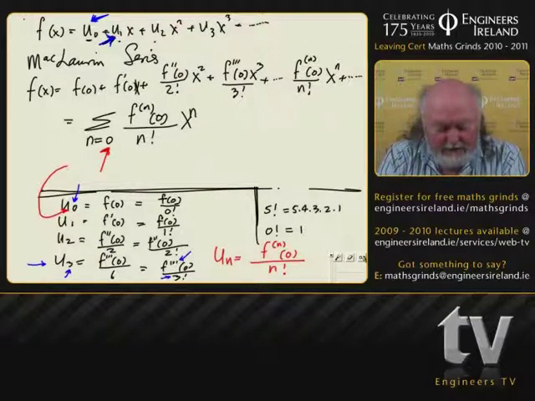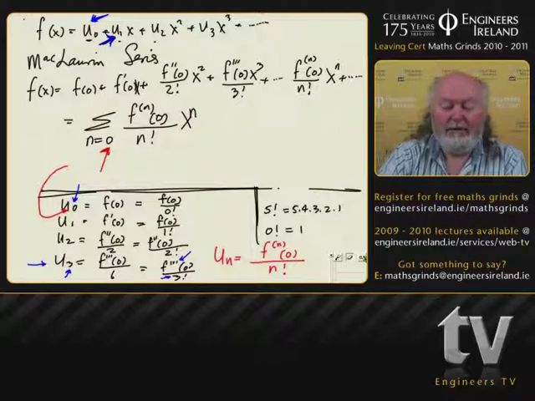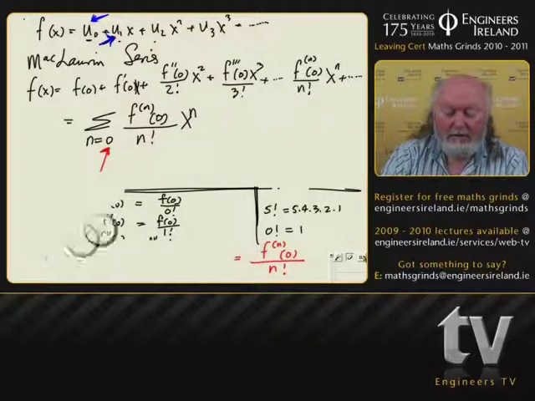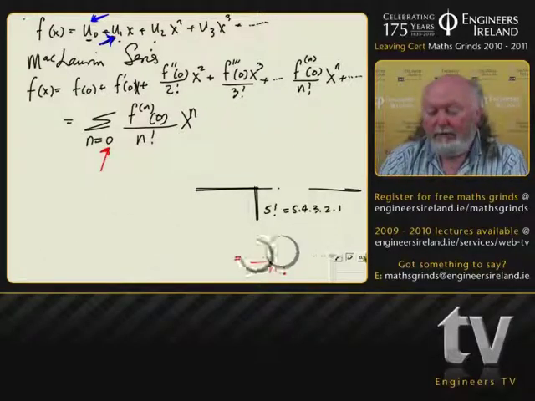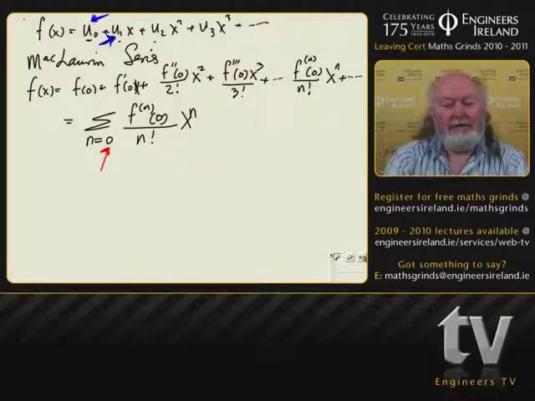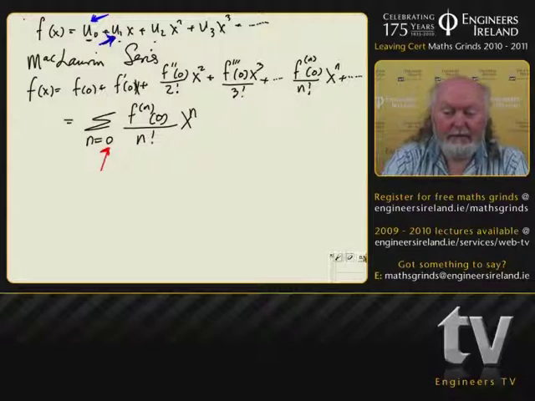The nice thing is you only have 6 of these to work out for on your Leaving Cert course. 4 of them are relatively straightforward and 2 of them take a bit more attention. But because there's a definite and quite small number of them, it's well worth while learning how to do them.